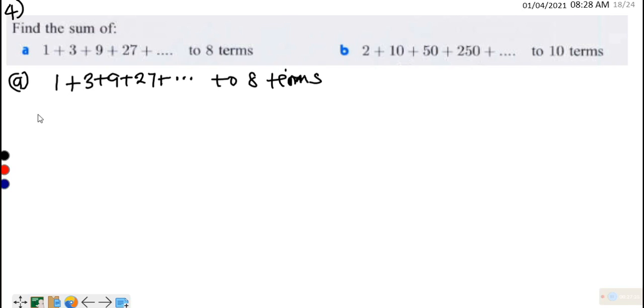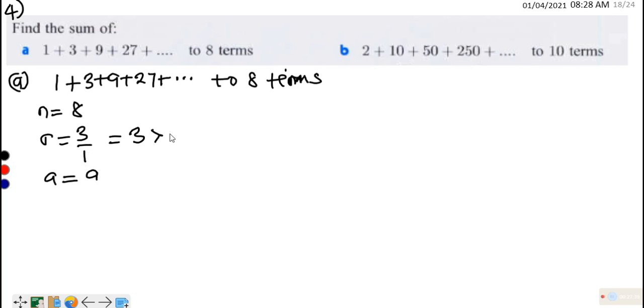So we are looking for S8. Before we can know which formula of Sn to use, let's find our common ratio, which is 3 over 1, which is 3, and our first term is A.